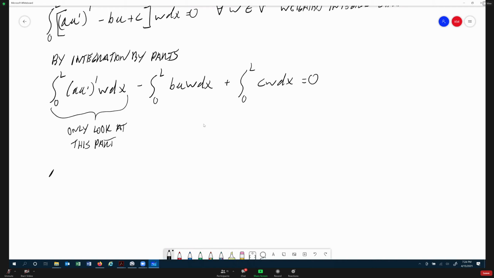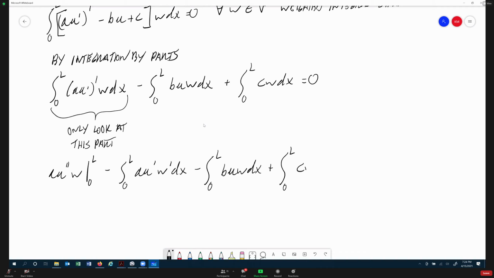So we're going to get A U prime W from 0 to L minus integral from 0 to L A U prime W prime dx minus integral from 0 to L B U W dx plus integral from 0 to L C W dx is equal to 0. Now we're going to plug in our boundary conditions.